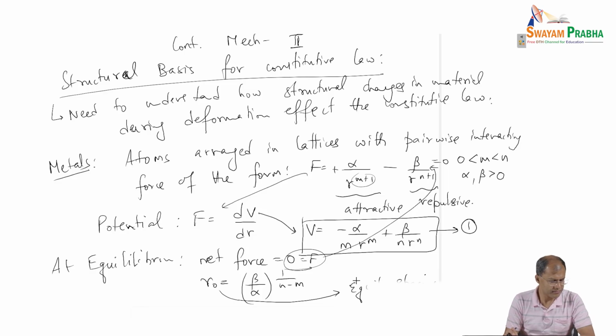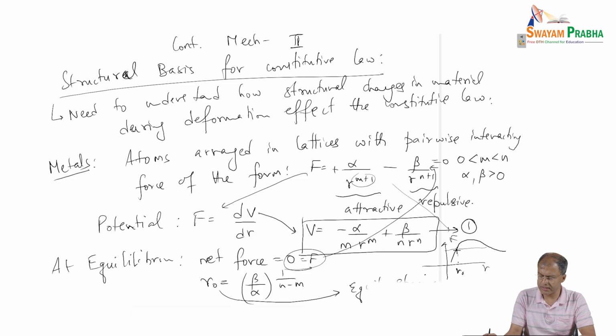So then if essentially we want to draw this force diagram, let's say force versus r, there will be an equilibrium spacing r naught, below which we have repulsion and above which we have attraction. And if we were to draw the corresponding potential to this problem, if this is r naught, at r naught we have the minimum potential.